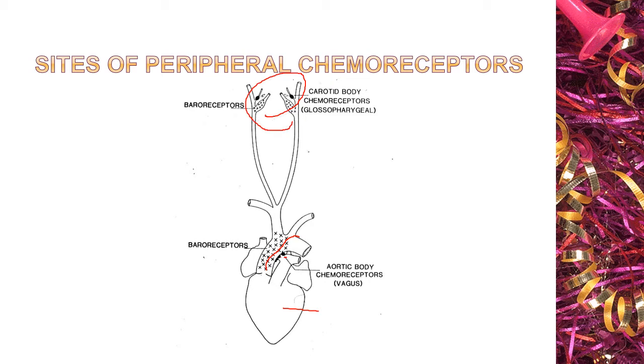So these are the peripheral chemoreceptors, and they transmit information regarding the change, if it's the aortic body, through the vagus nerve, and if it's from the carotid body, through the glossopharyngeal nerve.